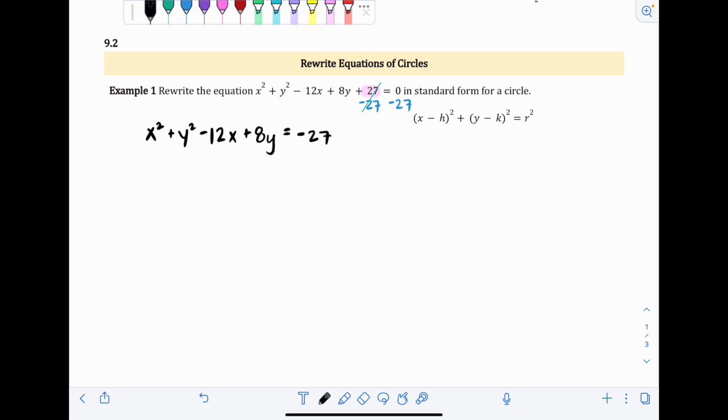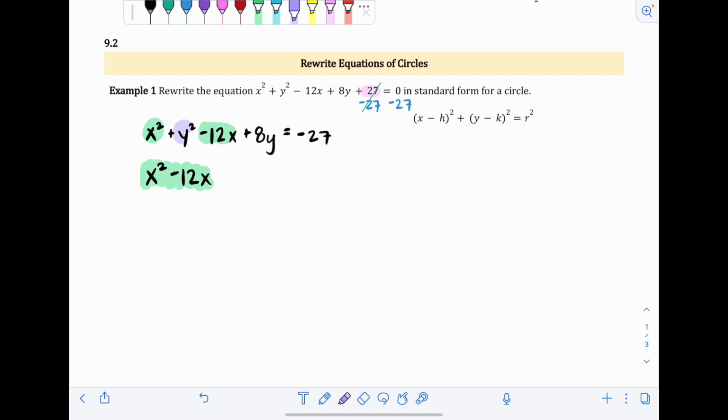And then now my next step is going to be to regroup the terms together, like x's with x's and y's with y's. And I want to treat them as if they're on their own little mini standard form, where the x squared would come first and the y squared would come first for the y's. So what I mean by that is, there's an x squared and a negative 12x. I'm going to group them together and make sure that I put the x squared term first and then the minus 12x term second.